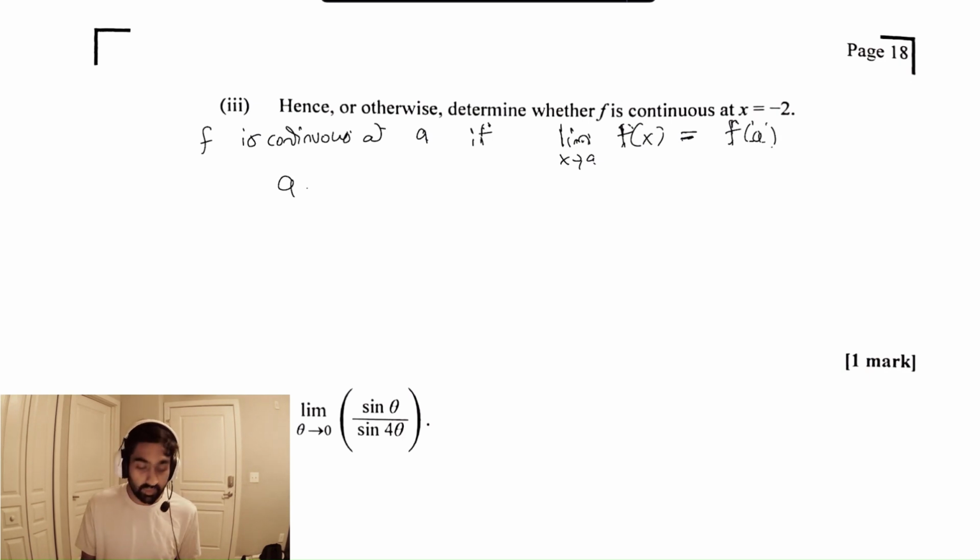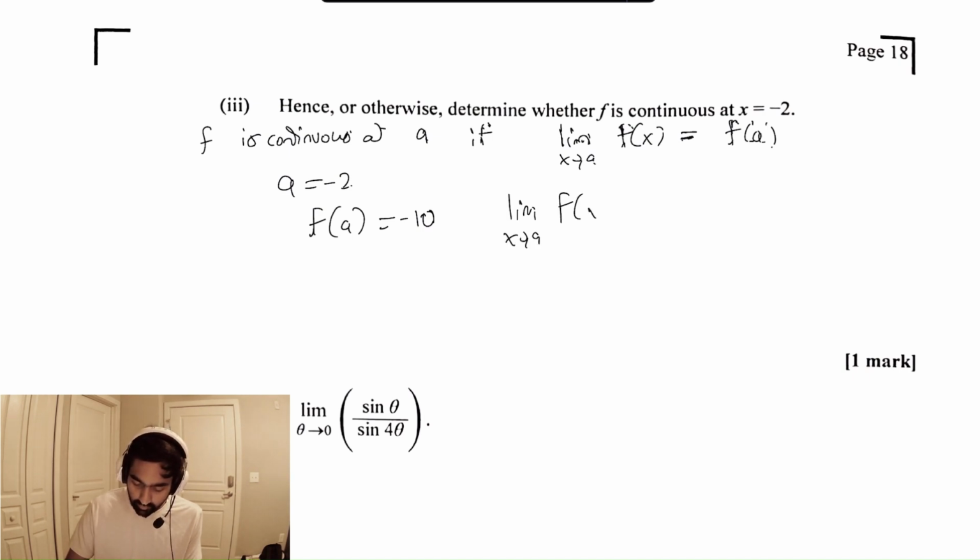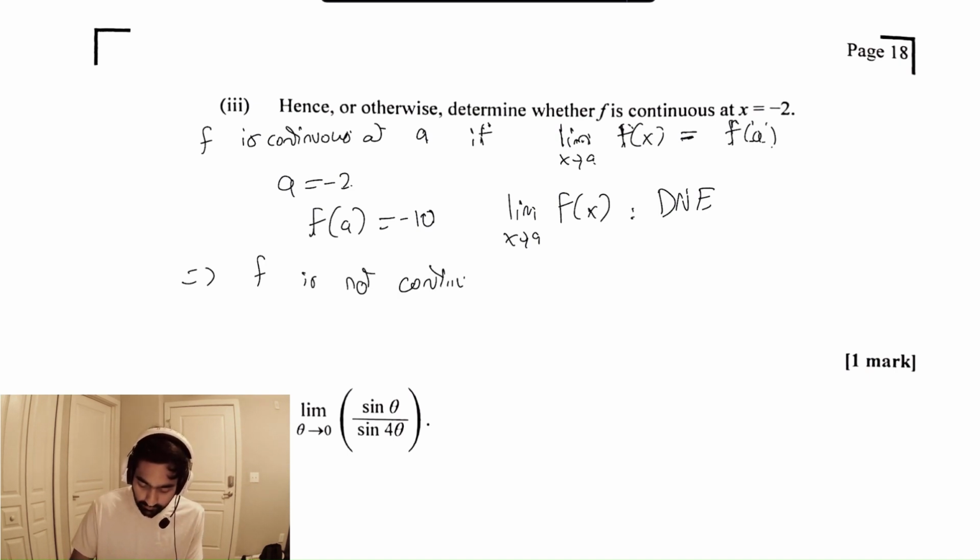So now here we're taking a equal to -2. Well, f of a, as we just saw, is equal to -10. And the limit as x approaches a of f of x is a DNE. So these obviously can't be equal, hence f is not continuous.